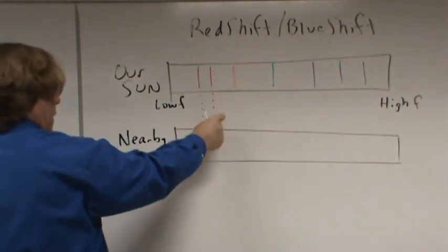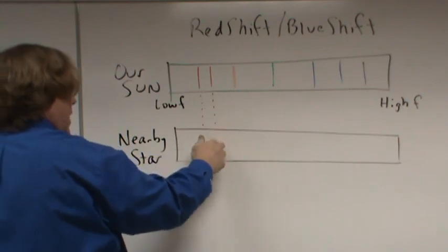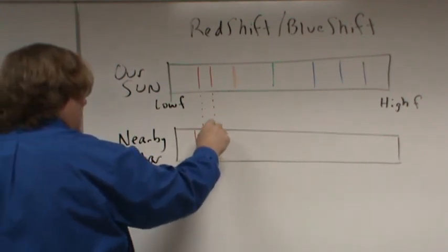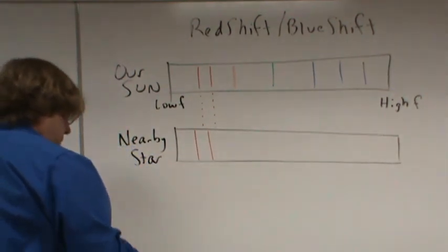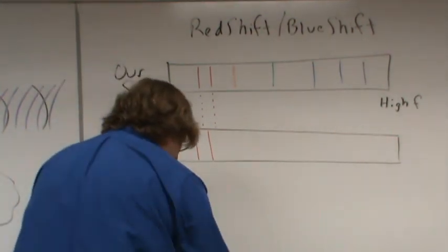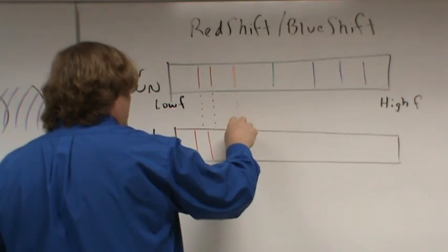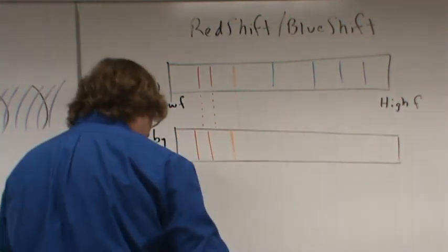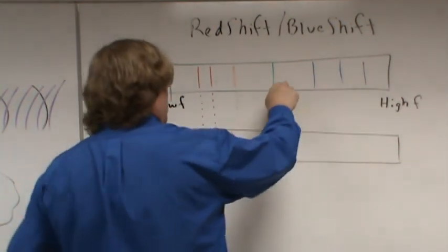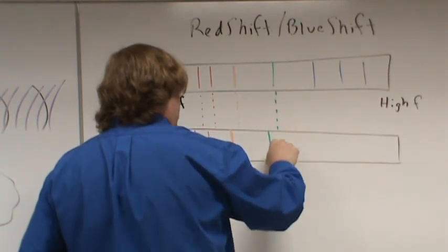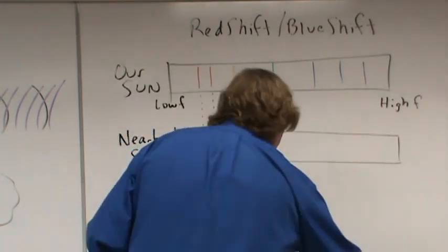We expect to find these two red frequencies there, but the two red frequencies happen to actually be there and there. And we expect to see the orange there, but the orange is actually there. And so on. We expect to see the green there, but the green is there.